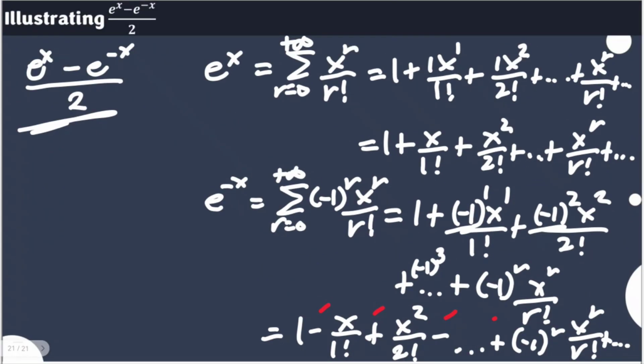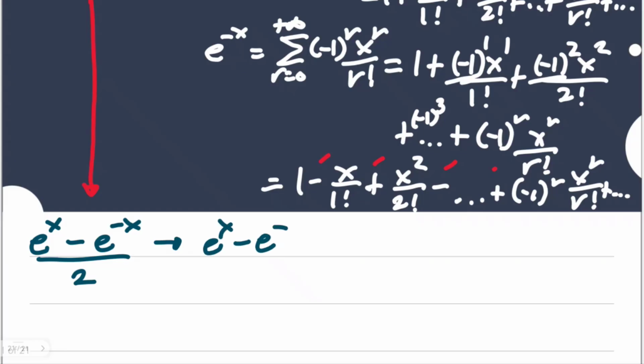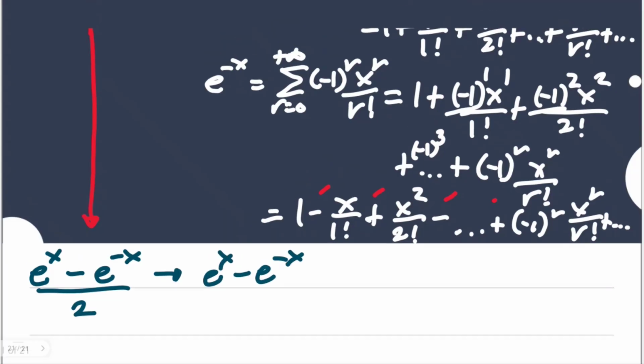Now, if we combine them to come up with this, this is how it would look. Again, we have e to the power of x minus e to the power of negative x over 2. But let's start with e to the power of x minus e to the power of negative x. So we're going to subtract all of them.